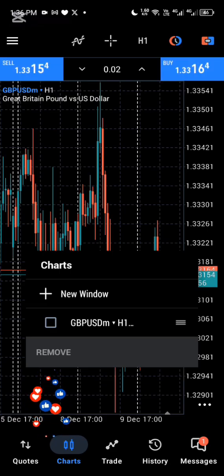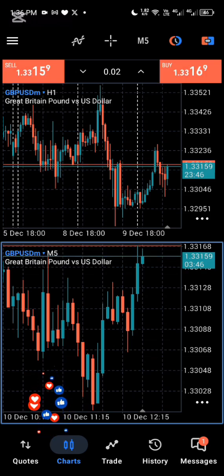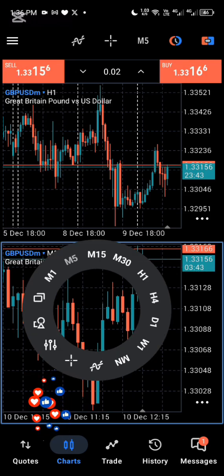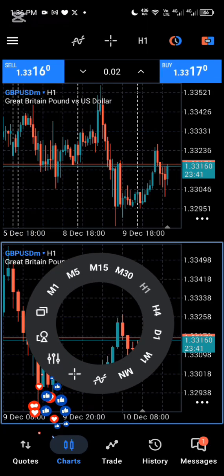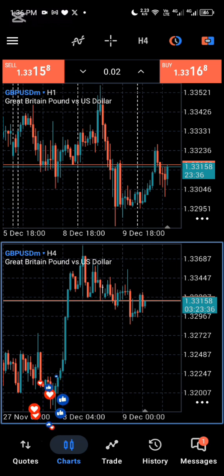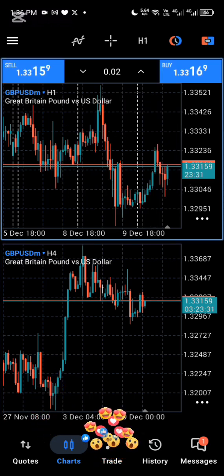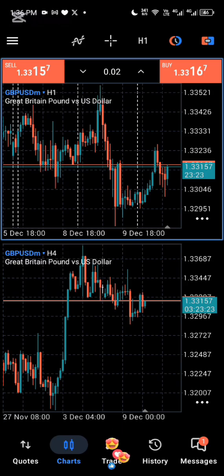If you click on this plus to add a new window, it automatically adds another window of GBP USD chart, but this one on 5 minutes. So you can click on it and change it to 1 hour, click on it and change it to 4. What does this mean? It helps you to analyze or see the same trade from different time frames. So this is the upgrade that I was trying to tell you about of the MT5. So let's wrap it up.